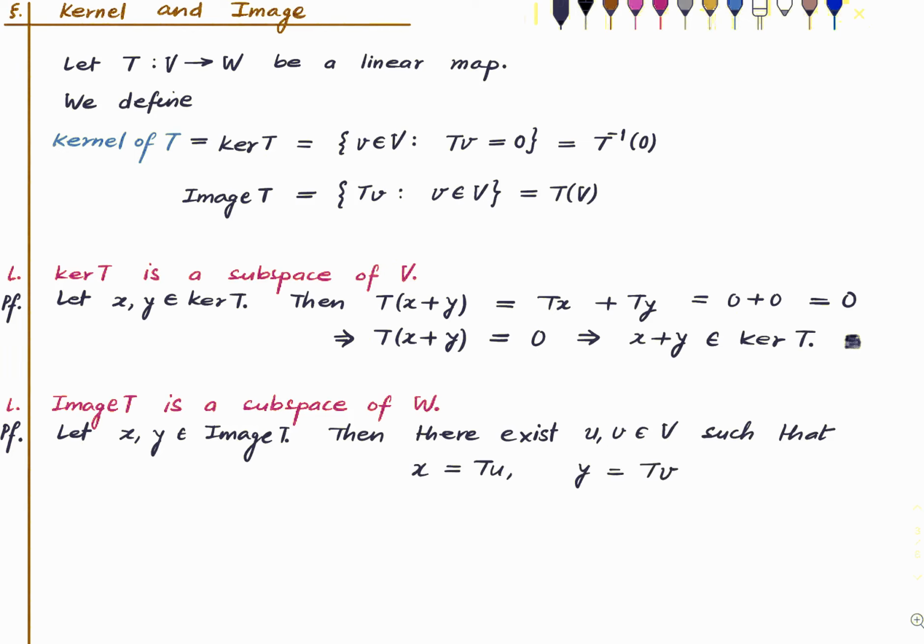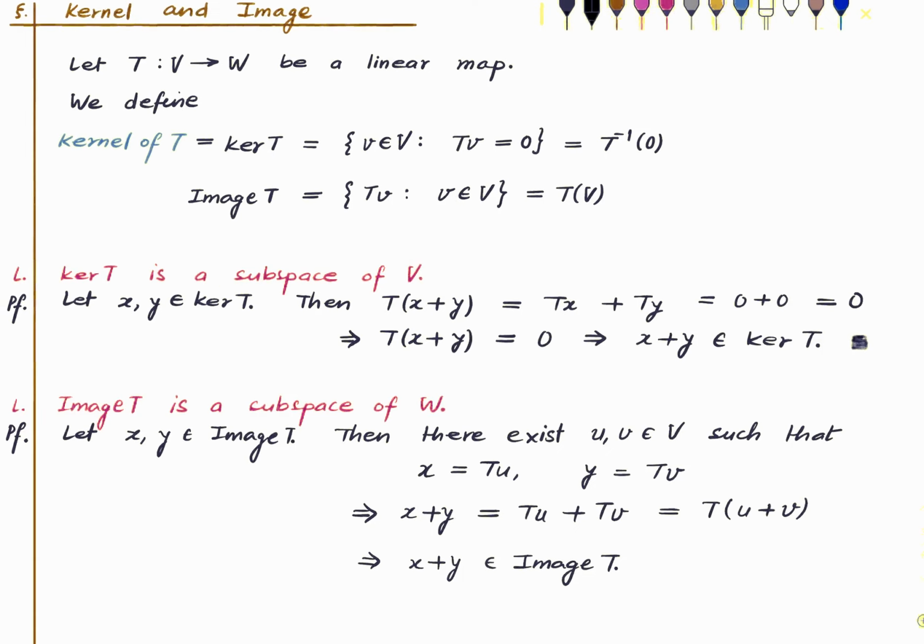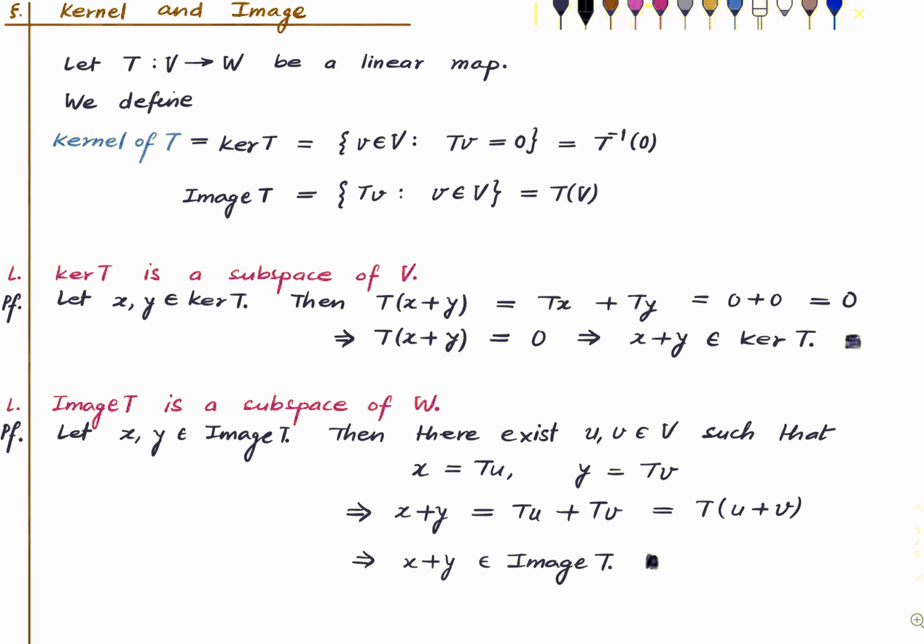If two things are in the image, they are the images of some things in the domain. So that's just a matter of definition. Therefore, x plus y is T(u) plus T(v), but now use linearity to write this as T(u plus v), which implies x plus y is also in the image of T. And that shows closure under addition. One can similarly show closure under scaling. Fine, so these two are subspaces.